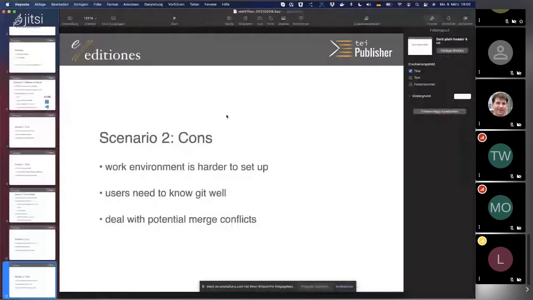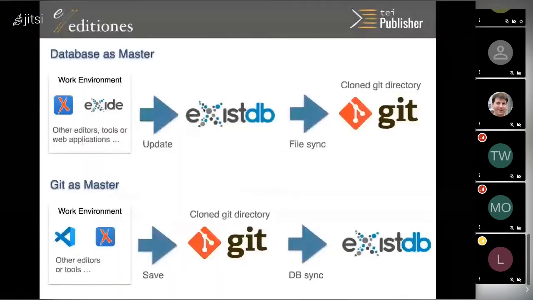So to summarize, we can choose between two scenarios. In the first, we have database as master. So from within the work environment, whatever editor you use or other tools or web applications, you update content inside eXistDB. Then at some point, you have to synchronize the changes which are in eXistDB into a cloned Git directory and commit from there.